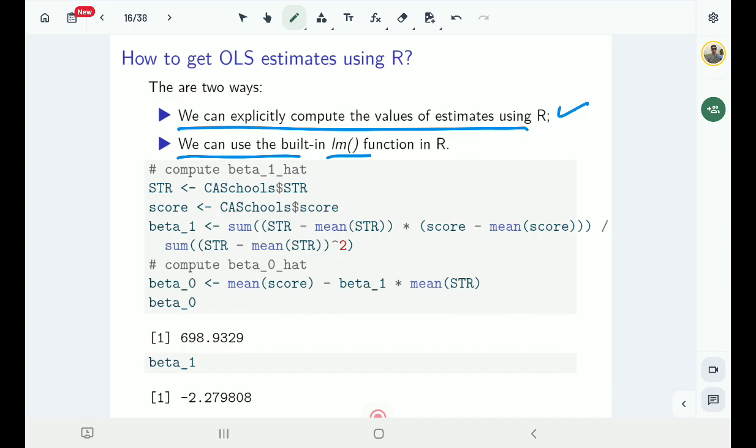You don't need to do it manually, but it is instructive to do it manually just to see what happens.